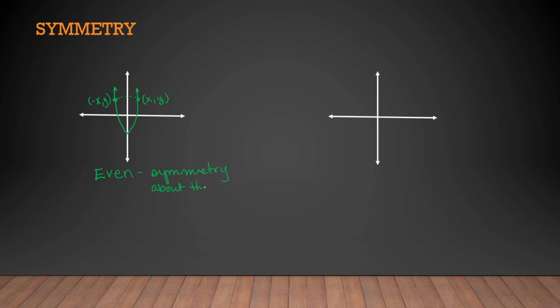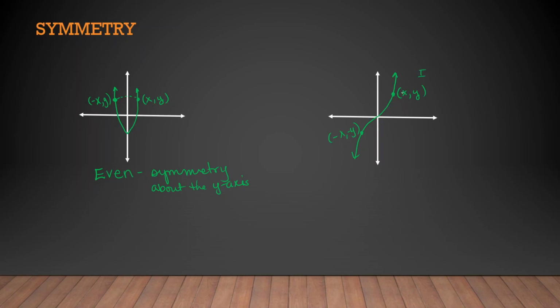Okay, the other type we want to talk about would be a curve that looks something like this. So some point is actually going to get flipped to its exact opposite. So in this type of symmetry, quadrant 1 points will mirror themselves in quadrant 3.